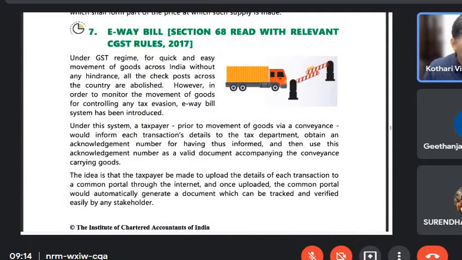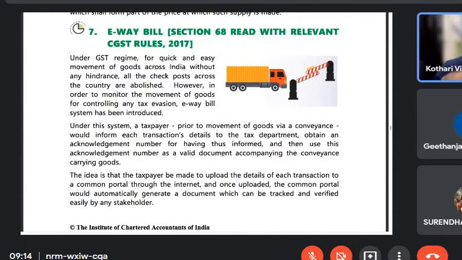Like we have seen in e-invoicing, the details pertaining to the invoice are uploaded and a reference number is created. In the same way, in way bill, prior to transportation or movement of goods, the way bill should be uploaded and the e-way bill should be generated.